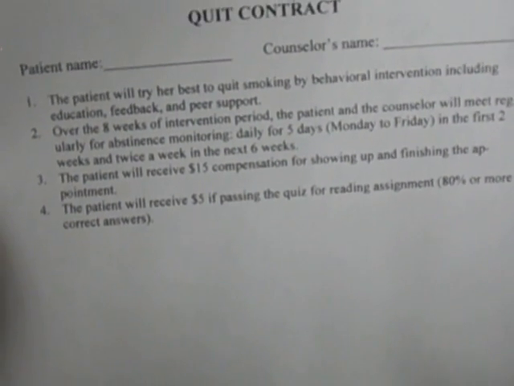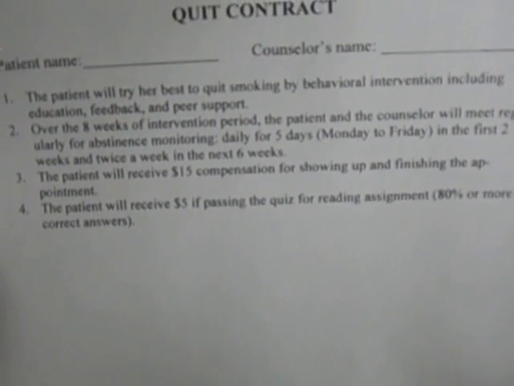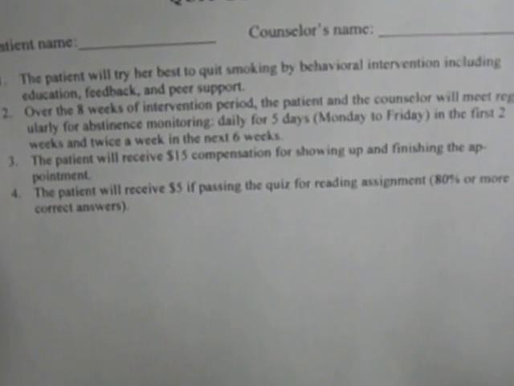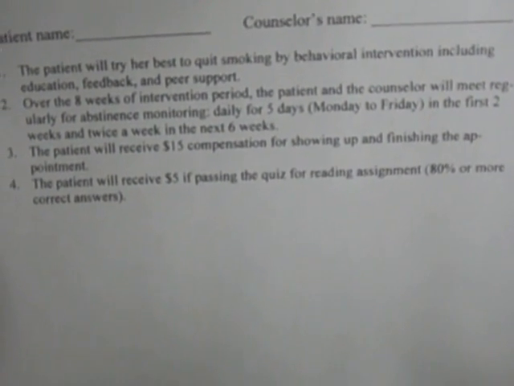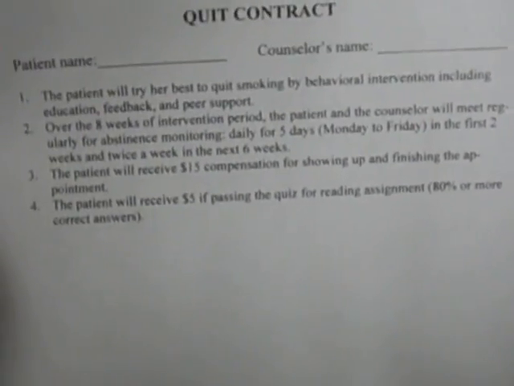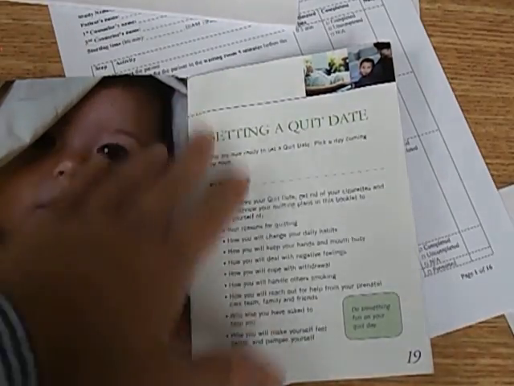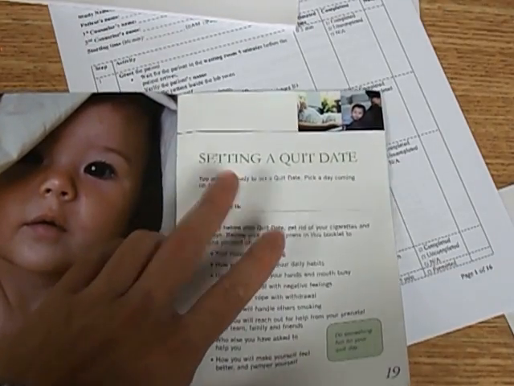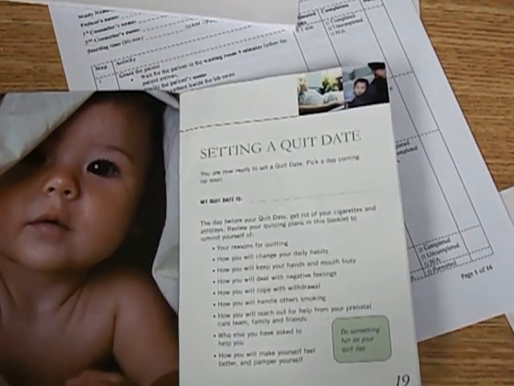It tells the pillars, the components within our intervention, the length of the intervention, and the compensation, and they get $5 if they pass the quiz over 80%, which I mentioned earlier. Once you mention that, then you can sign it together. Alright. Box the quit date that you've picked on the calendar, so Dr. Wen would know and he could put it in the calendar.